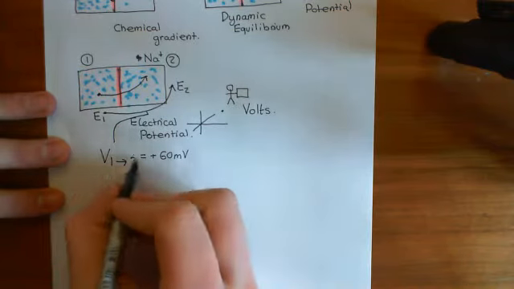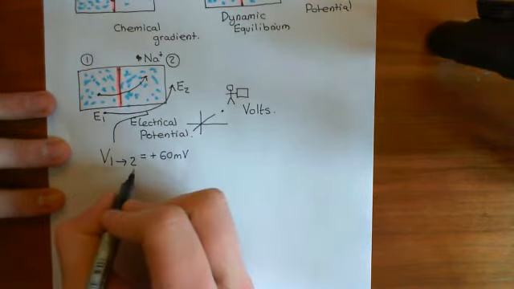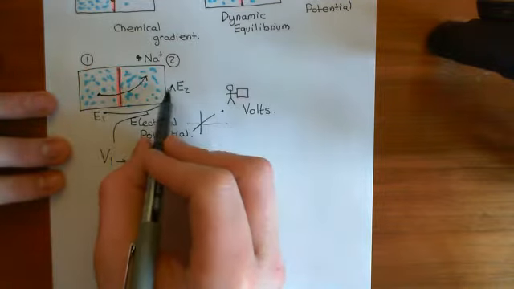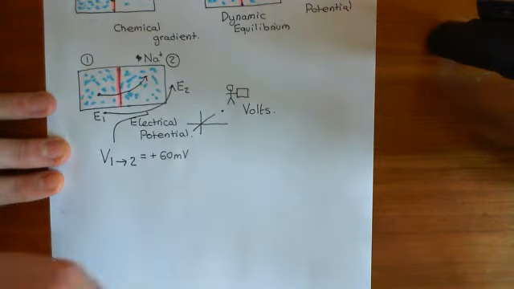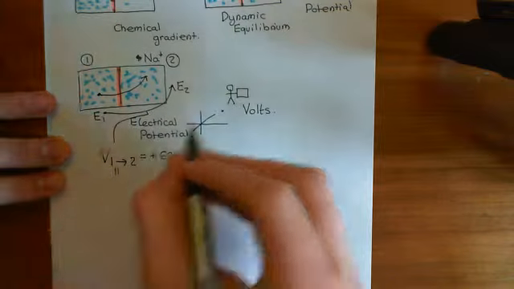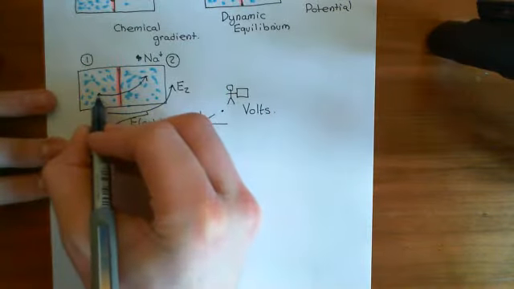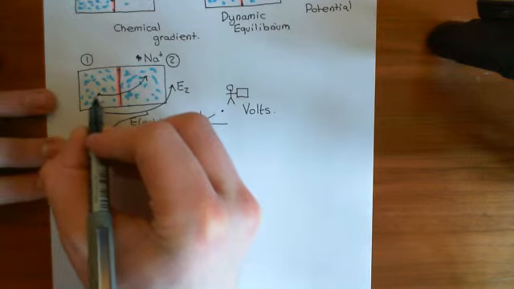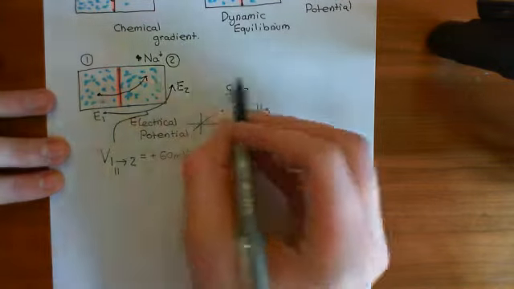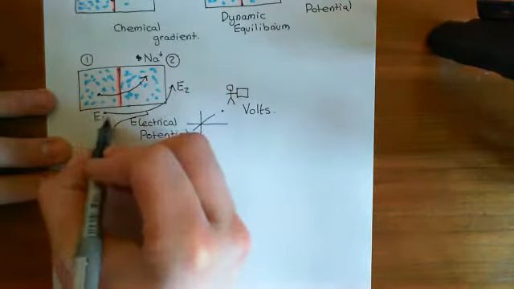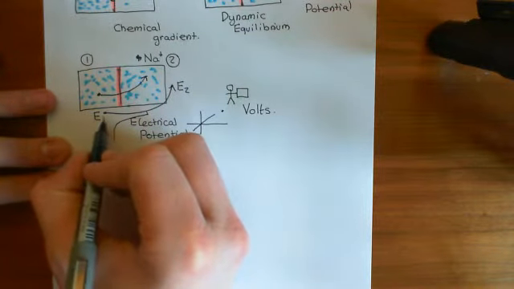Well, let me tell you first exactly what the electrical potential difference across the cell membrane from compartment 1 to compartment 2 means. This means if the little man with this clever machine stood in compartment 1 and measured the electrical potential there, he would get some number on his screen, and that number would be E1.